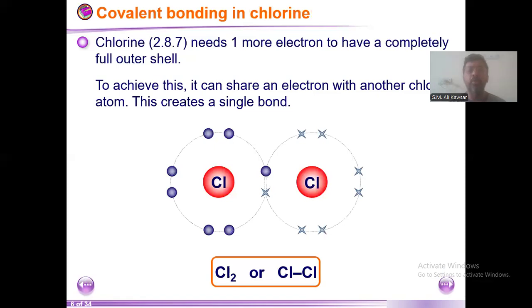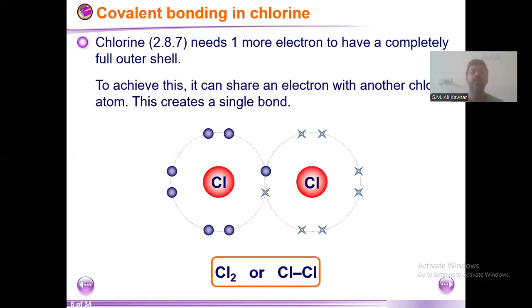At the same time, you can also practice this type of dot and cross diagram where mostly outermost electrons are shown. Usually in the exam, the innermost are not required, just the outermost shell electrons of both chlorine atoms are shown in the figure. You can see that each chlorine atom will get the configuration of argon, because in the inner shells it also has 2 and 8 electrons.